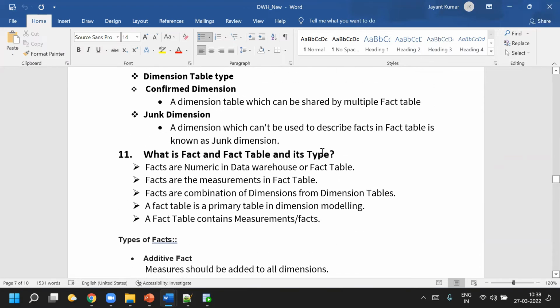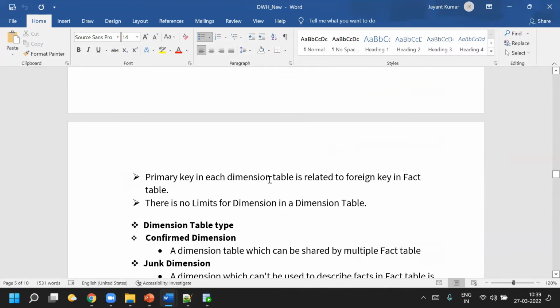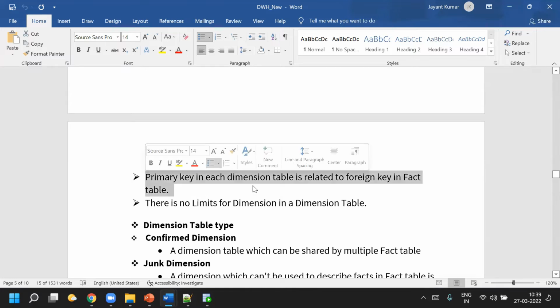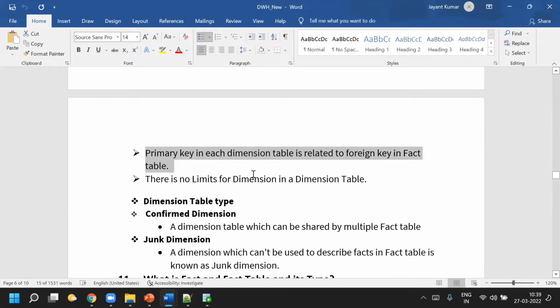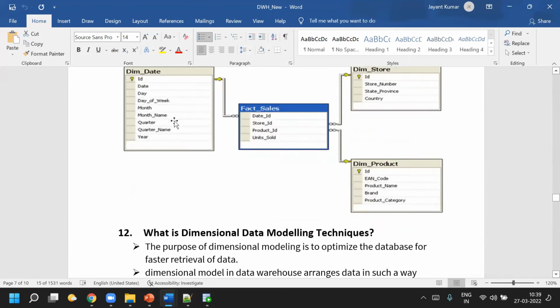If you see here, I have mentioned one definition for dimension tables. The primary key in each dimension table is related to the foreign key in a fact table. So the fact table and dimension tables are interrelated. We'll see what a primary key and a foreign key are later, when we discuss constraints in SQL.